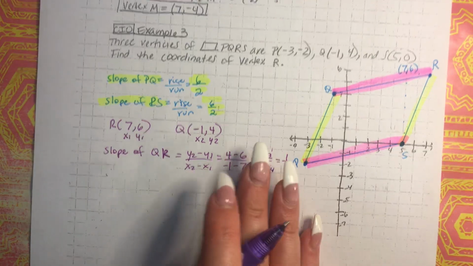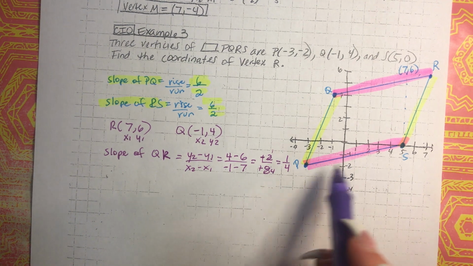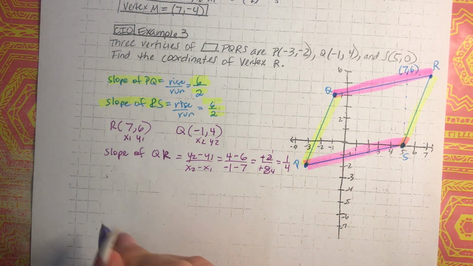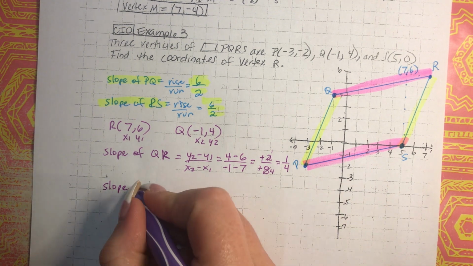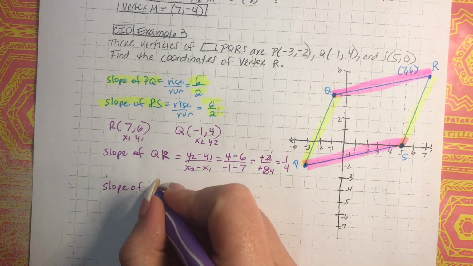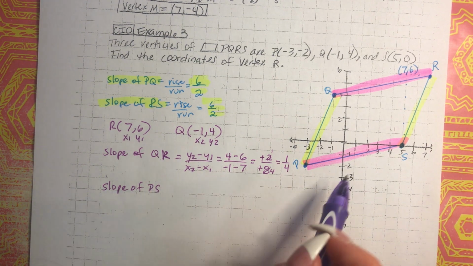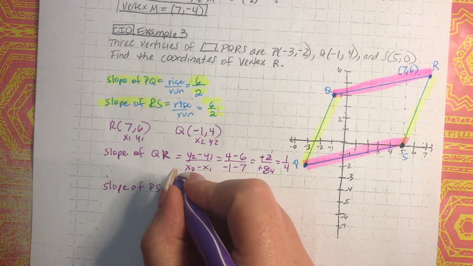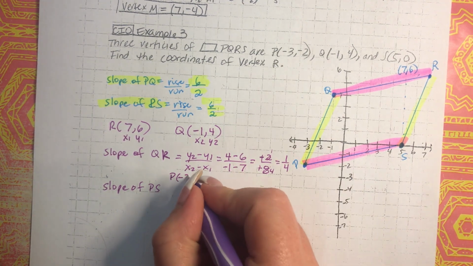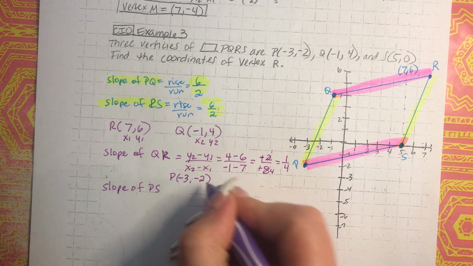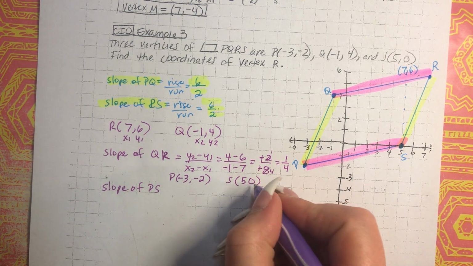Okay? So now we need to figure out the slope here. And hopefully it's the same. If it is, then we know we did it correctly. So we're verifying, right? So the slope of, what is this, PS? Okay, so what is P? P is -3, -2, and S is 5, 0.